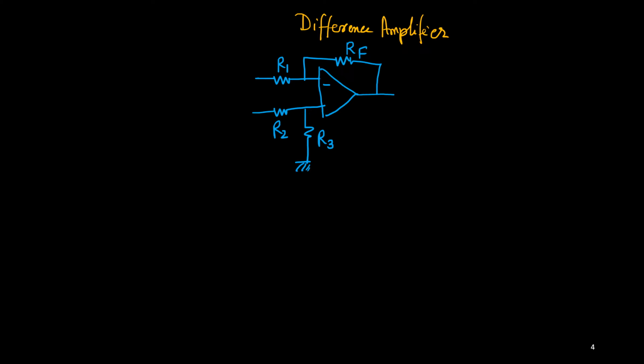Right? Now, in this figure, it can behave as a difference amplifier, meaning this output voltage. So if this is suppose V1 prime, and I'll call this V2 prime, then this output voltage will be simply some constant times V2 prime minus V1 prime, but with one condition.